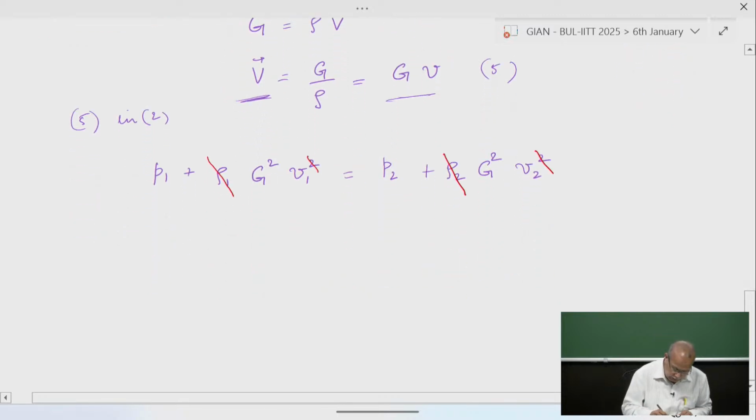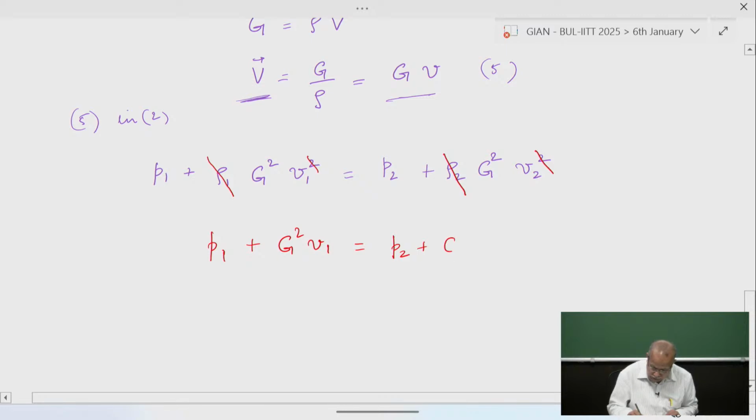So I will have P1 plus G square V1 is equal to P2 plus G square V2. G, the mass flux, is constant, so there is no G1, G2, they are equal. Take this P1 to the other side, P2 minus P1.